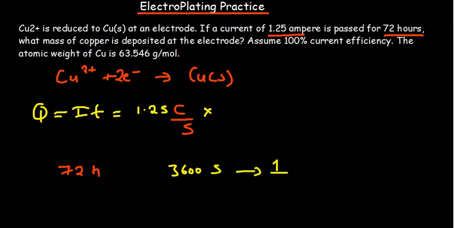How do you convert the 72 hours? We need our seconds to be on top, so 3600 seconds per every hour, multiplied by 72 hours.